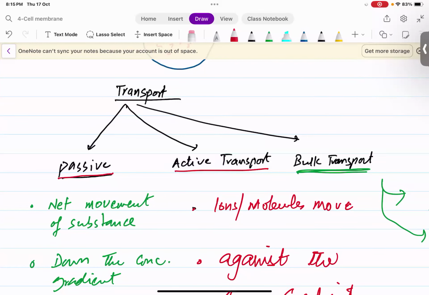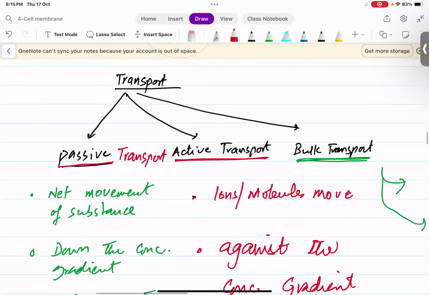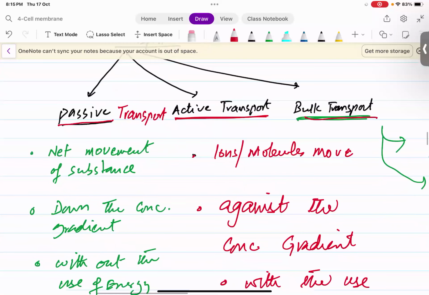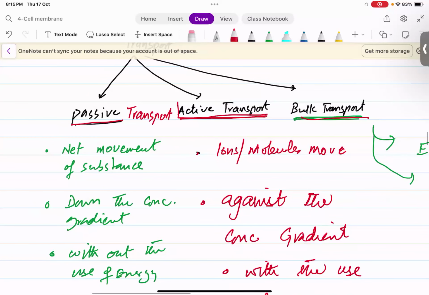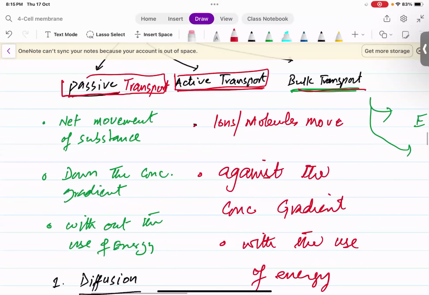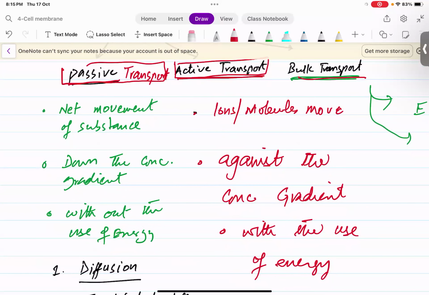One is passive transport. Other is active transport, and then we have bulk transport. The basic difference between active transport and passive transport is that passive transport is without the use of energy, and active transport is with the use of energy. In passive transport, molecules or substances move down the concentration gradient, whereas in active transport, they move against the concentration gradient.